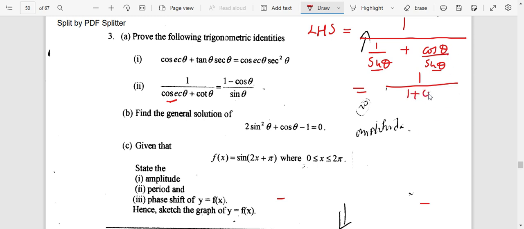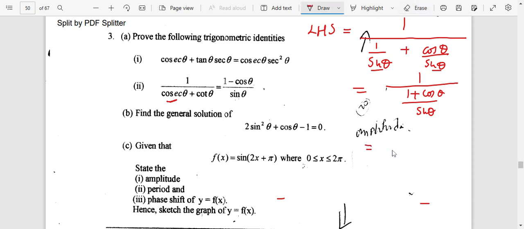That will be 1 plus cos theta divided by sin theta. Is that okay? Is this addition okay, or should I do the one for multiplying this and then multiplying this? Which one is better for you? It's okay.